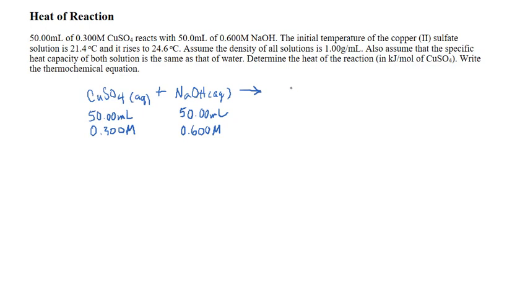This is a double displacement reaction, so we'll produce copper(II) hydroxide. The charge is indicated here. The sulfate is -2.